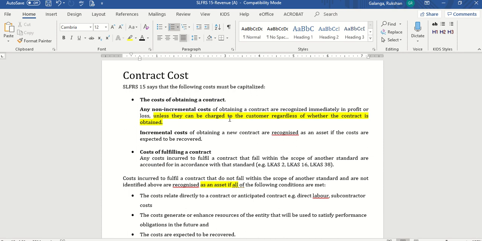So the standard says if you can claim that from the customer, you can recognize that as an asset. If you can't collect it from the customer, you should take it into the P&L, right? That's what it says. Any non-incremental cost of obtaining a contract is recognized immediately in profit or loss, unless it can be charged to the customer regardless of whether the contract is obtained.